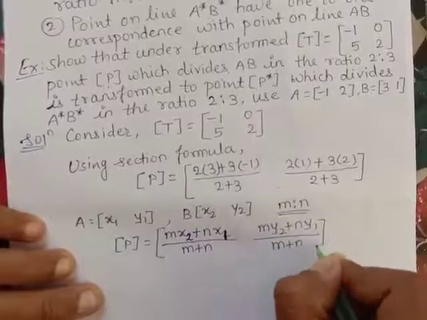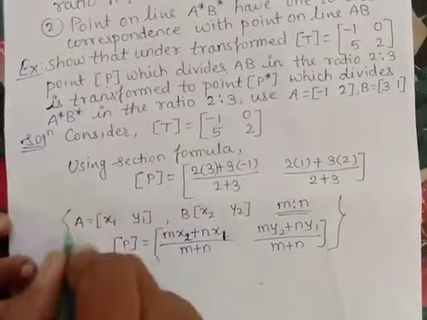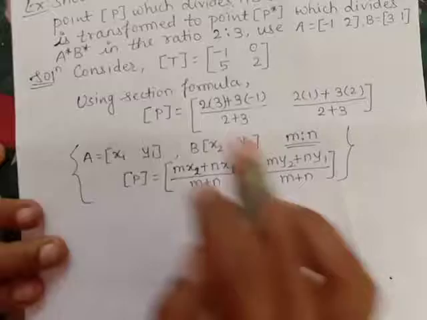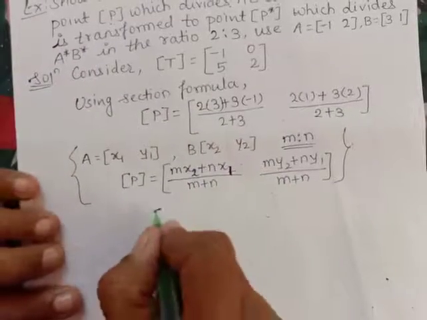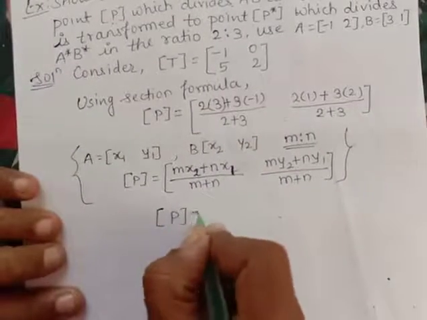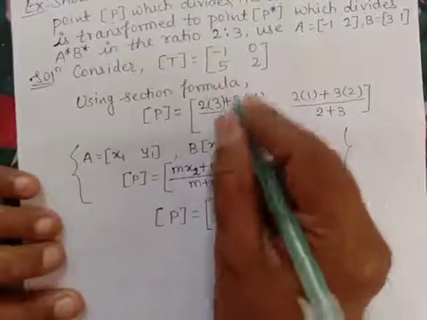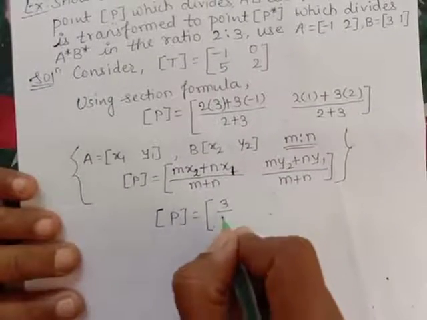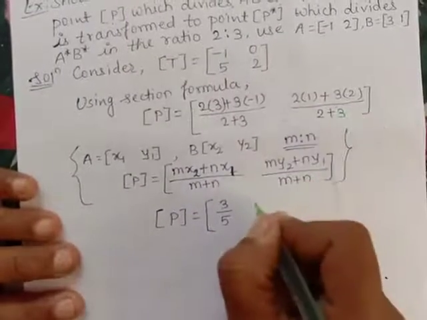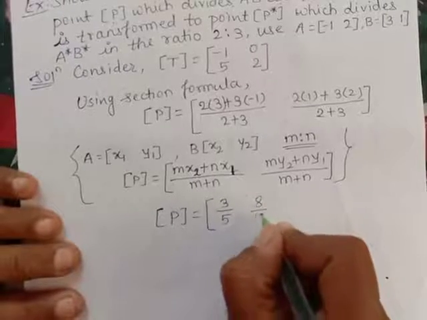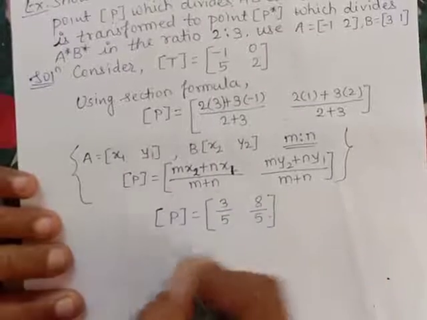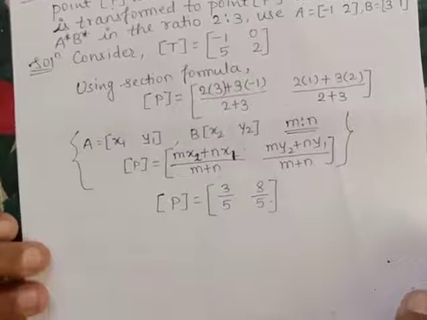This is the section formula. So from that we get this point P. Simplification of this is 3/5 and this is 8/5. So this P we are getting.